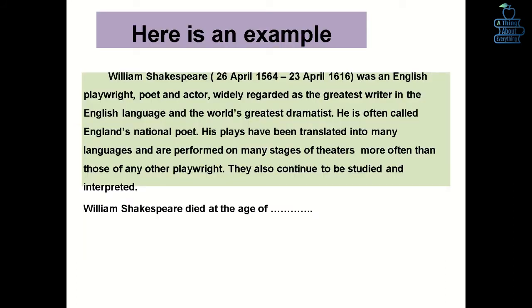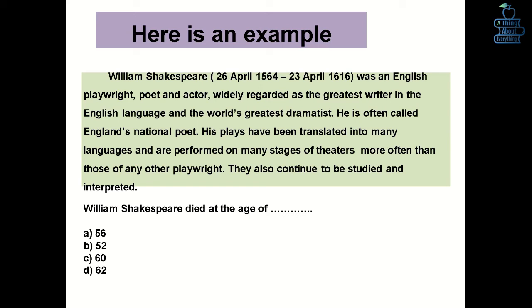Here is an example. William Shakespeare, the same text. William Shakespeare died at the age of what? 56, 52, 60, or 62. As you can see, the text has none of these numbers, okay? You have to find out and calculate the correct answer. How?